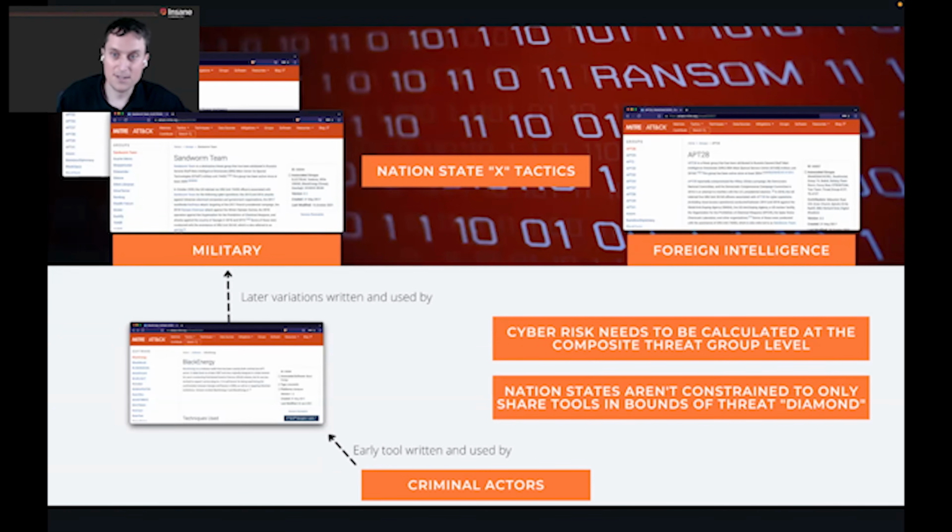Later versions, and there's some argument that versions 2 and 3 might not be the same as version 1, had a lot of people put it together, so we're not drawing a conclusion either way. But sometimes criminal actors will start something on a forum, and later variations get picked up by the top tier teams. Where this goes is you have to remember that cyber risk has to be calculated at the composite level.